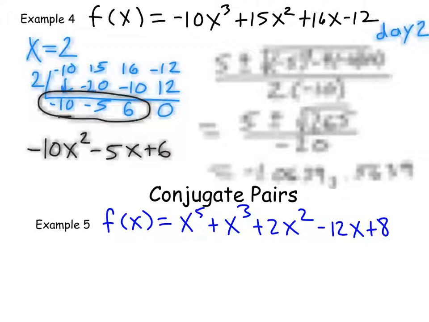You could try to factor. Don't. It's not going to go well, because factoring works out really nicely if the zeros are whole numbers. Kind of nice if they're fractions. Irrational and imaginary don't.